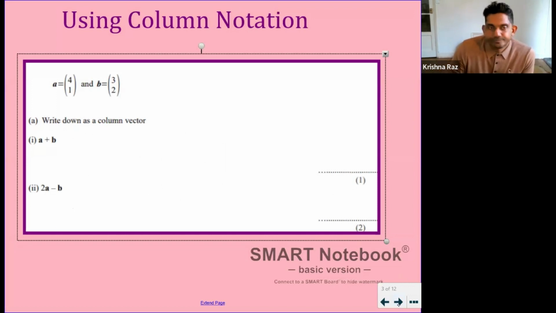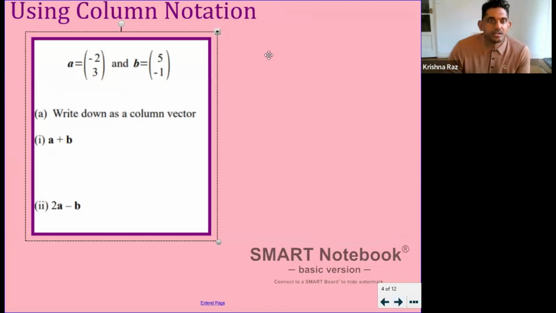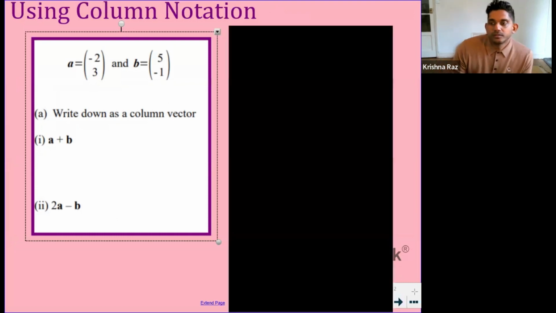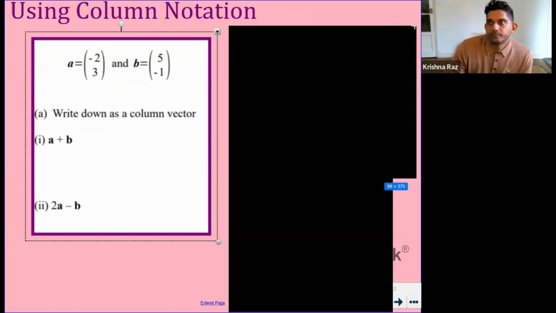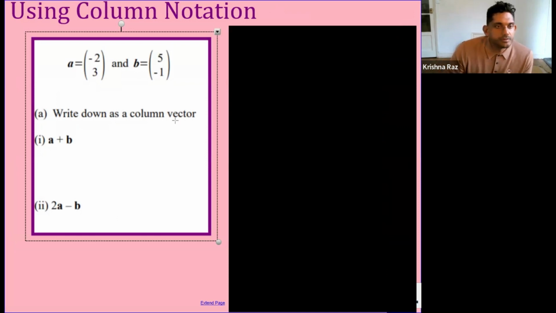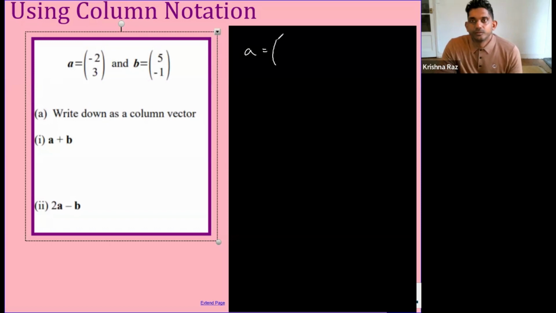What have I got next? I think this is the last one of this type. So let's have a look at this one. We have a plus b again. a equals (-2, 3) and b is (5, -1).